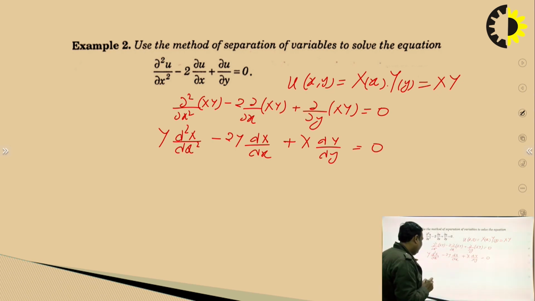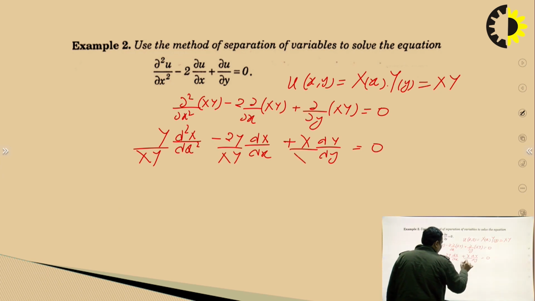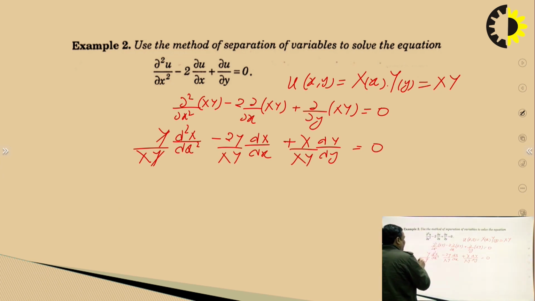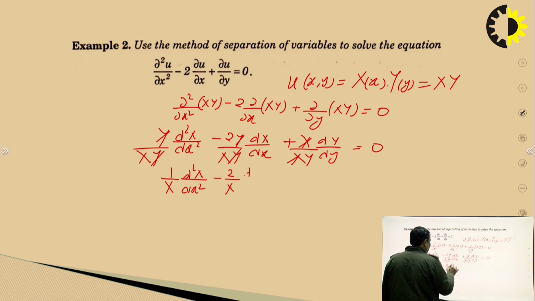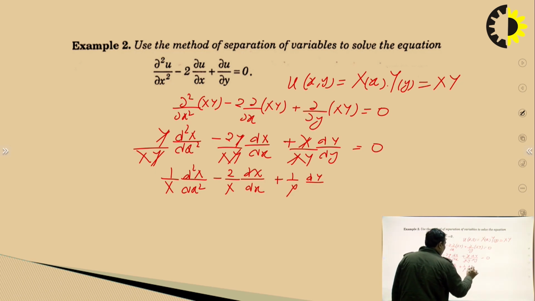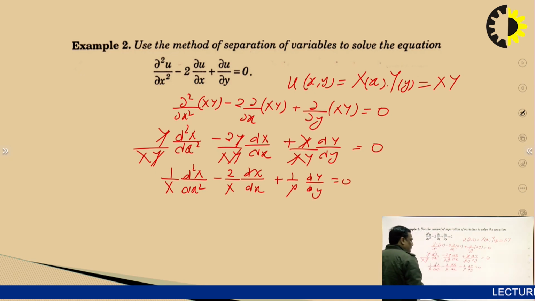Now, dividing the whole equation by XY for separating such type of equations. Y cancels, Y cancels, X cancels. 1 upon X d2X upon dx square minus 2 upon X dX upon dx plus 1 upon Y dY upon dy equal to 0.